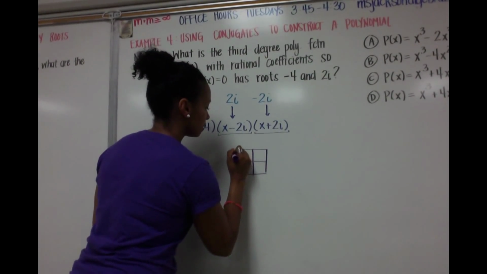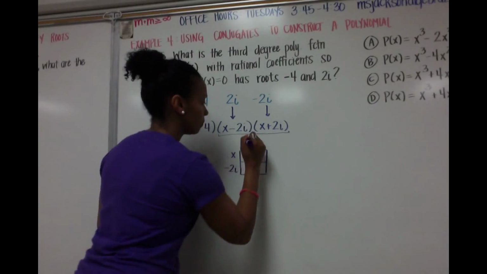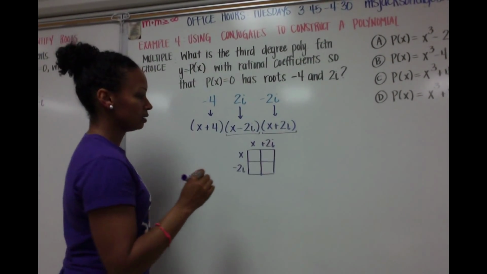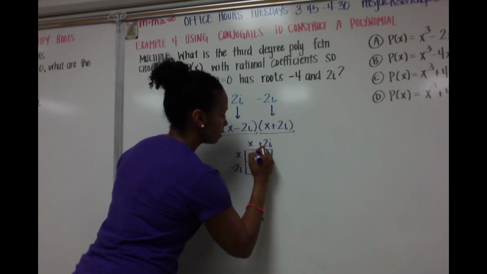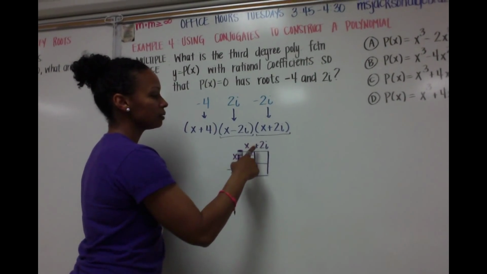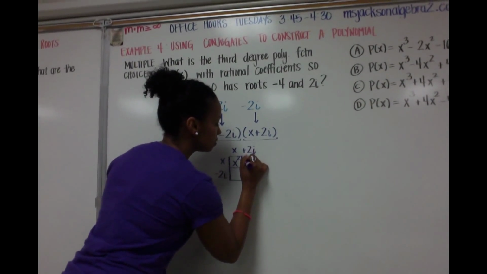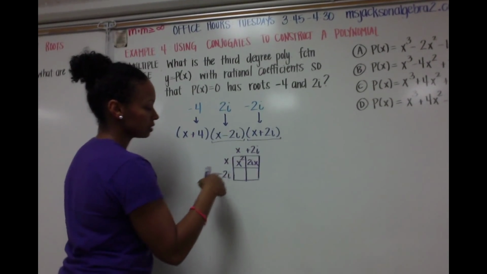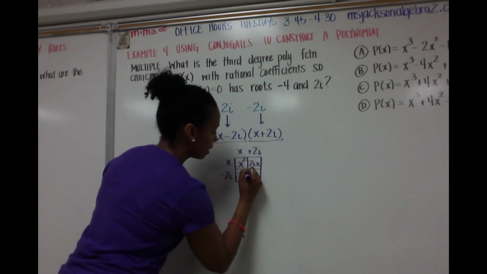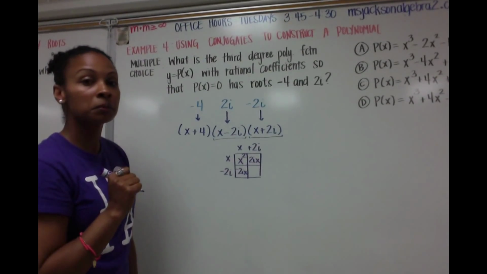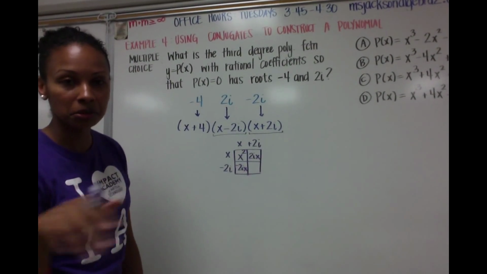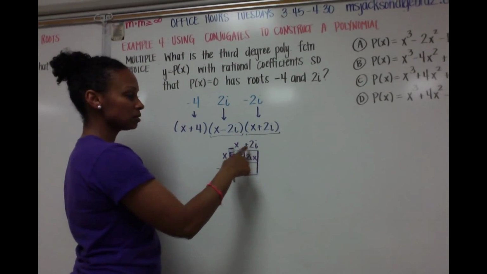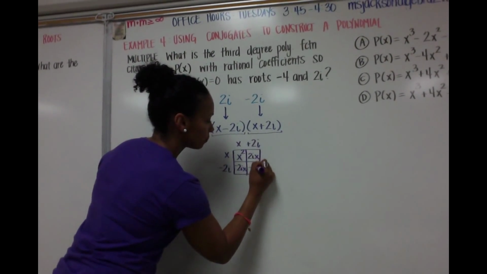So x minus 2i, x plus 2i. x times x is x squared, x times 2i is 2ix, x times -2i is -2ix. And then -2i times 2i is -4 times i times i.